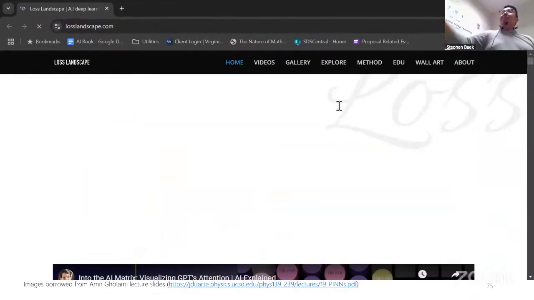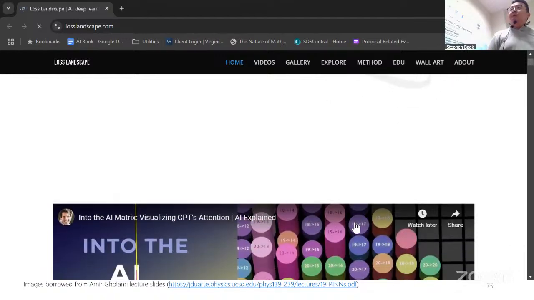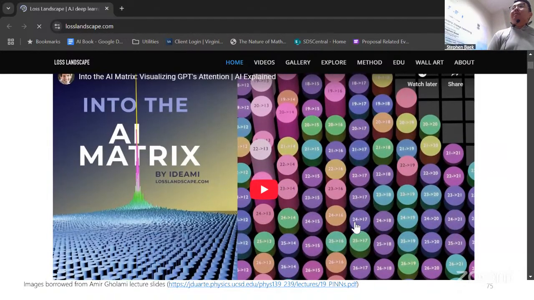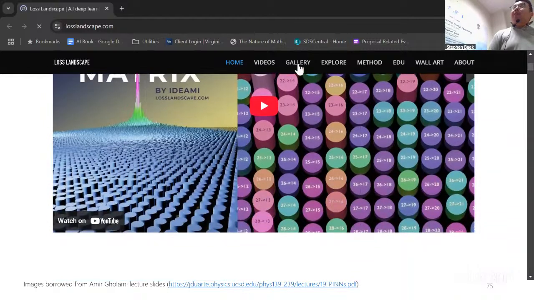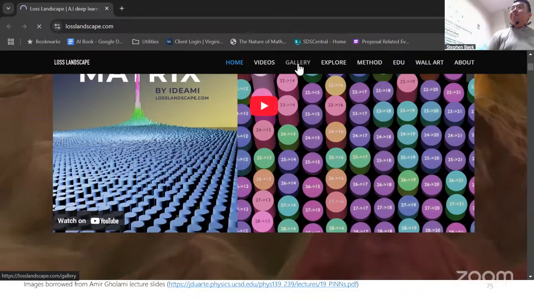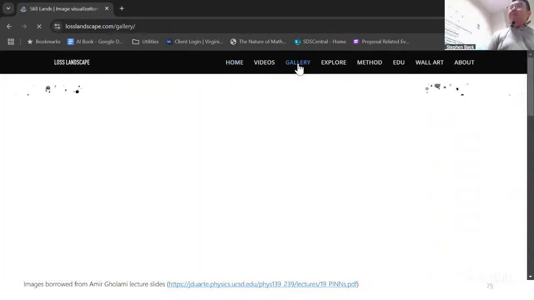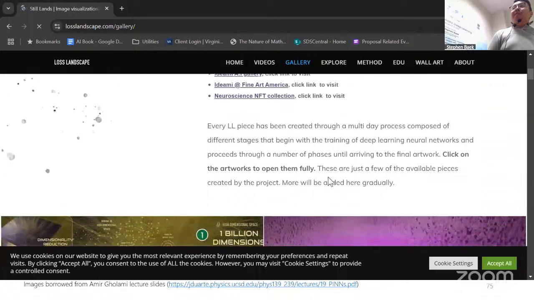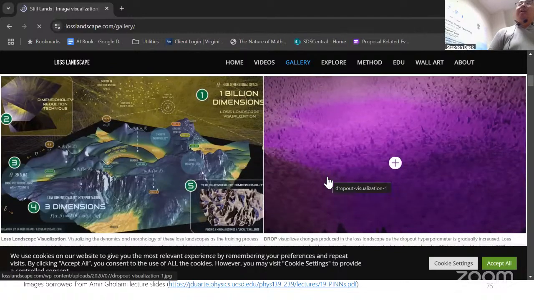This is not particularly restricted to physics-informed loss terms, but this is a website where you can see lots of visually stunning illustrations of how the loss functions of neural networks look.